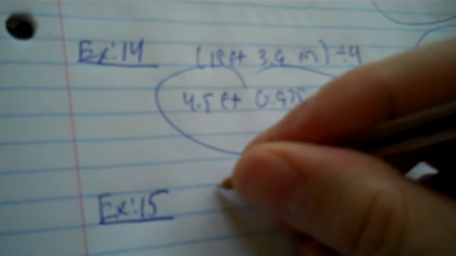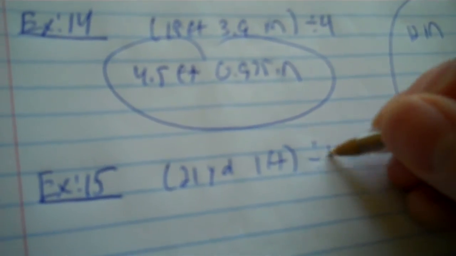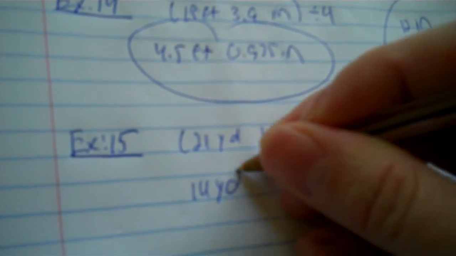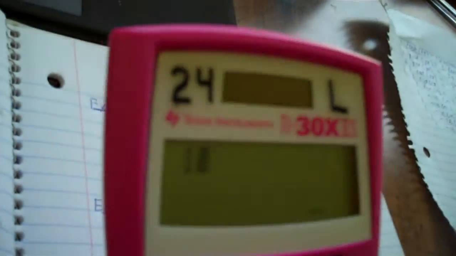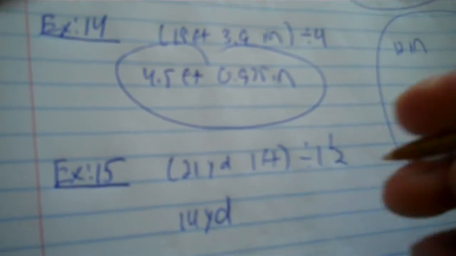Okay, example 15, you got 21 yards, 1 foot, and you're going to divide that by 1 1/2. 21 divided by 1 1/2 is 14 yards. 1 divided by 1 1/2 is 2/3 of a foot.